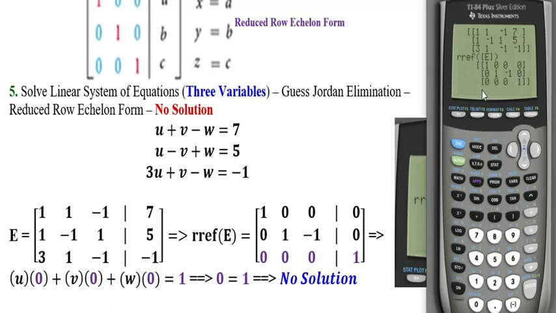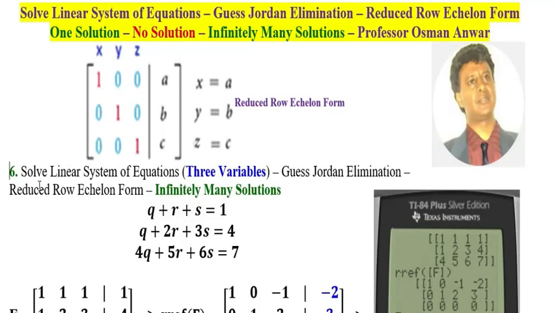That means u times 0 plus v times 0 plus w times 0 equals 1. That is 0 equals 1. That means no solution.